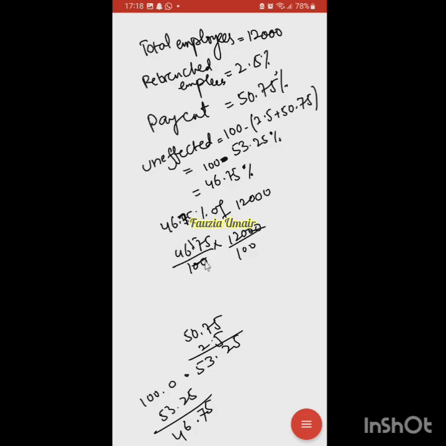So now we need to multiply 4675 with 12. All right. So how we are going to do that? Ma'am, why are we multiplying with 12?